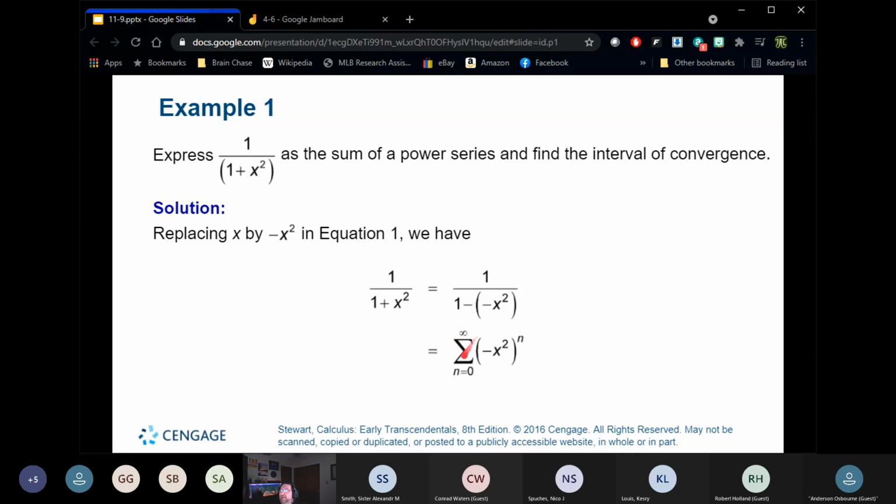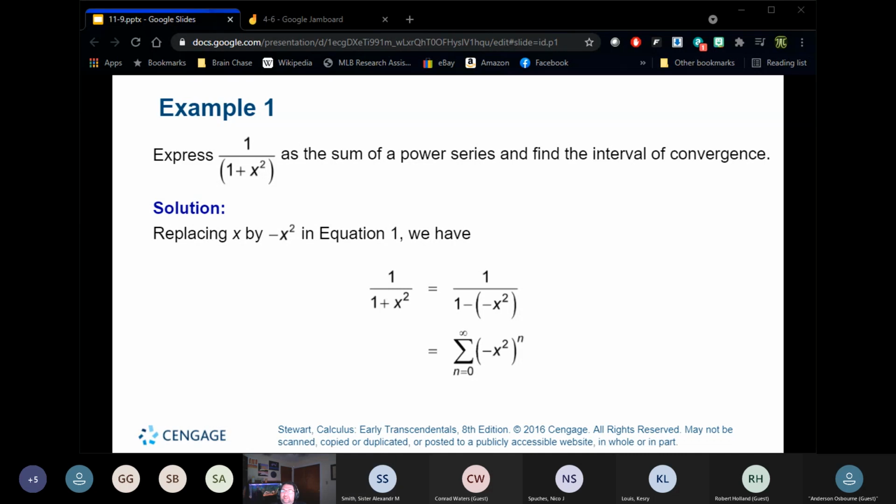So in my summation, or my power series, I can replace the x with negative x squared. That series right there is the representation of that function. Does that make sense or no? Yeah, that makes sense. Okay.